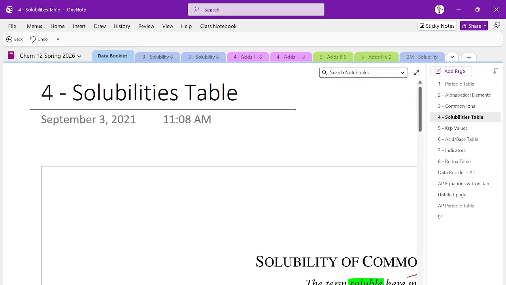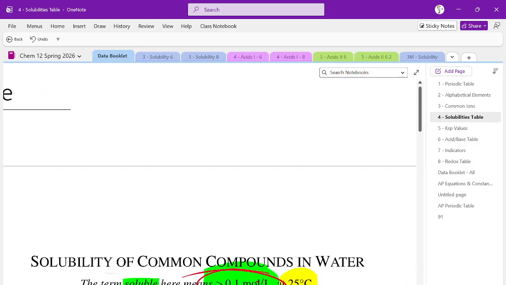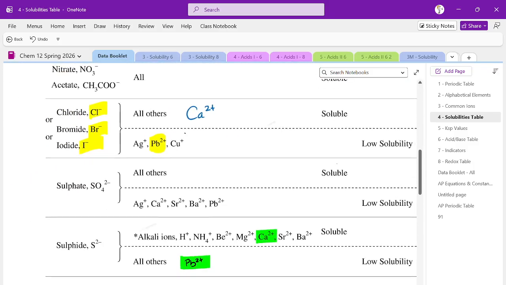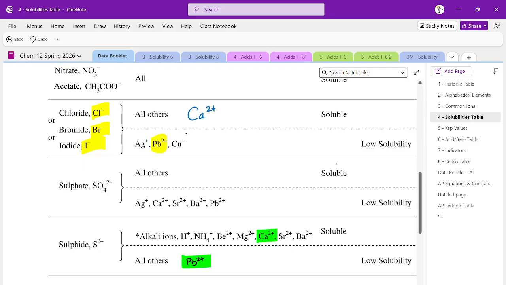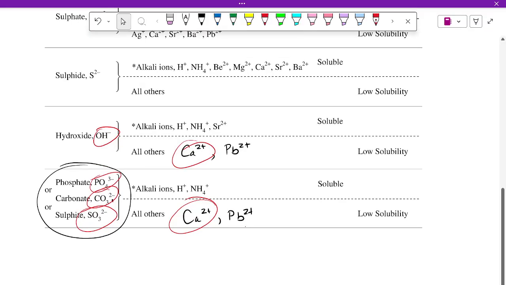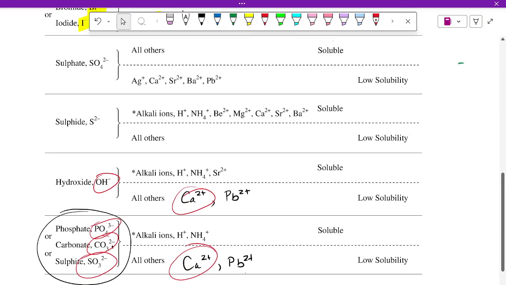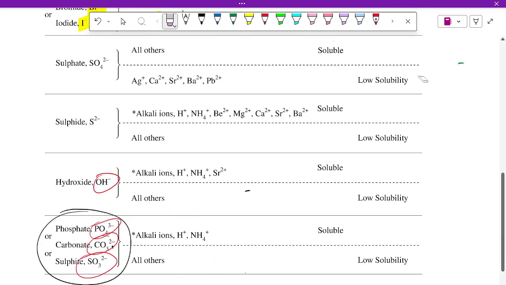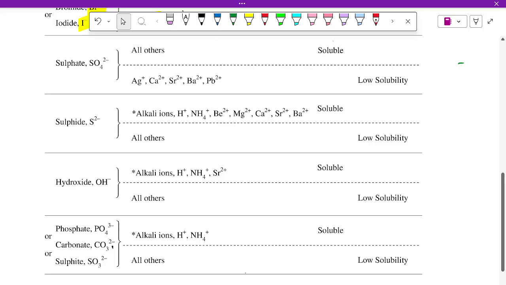Unless it precipitates, in which case that's what we're looking for. So we want something that will precipitate either sulfate or phosphate, but not both.